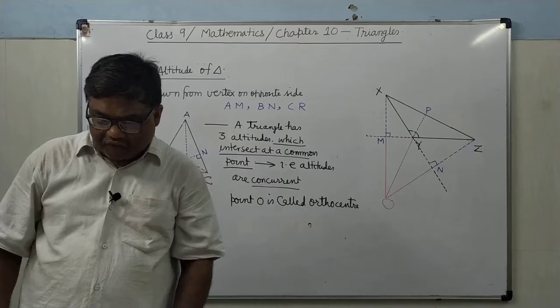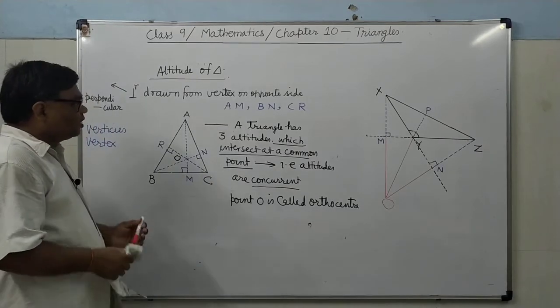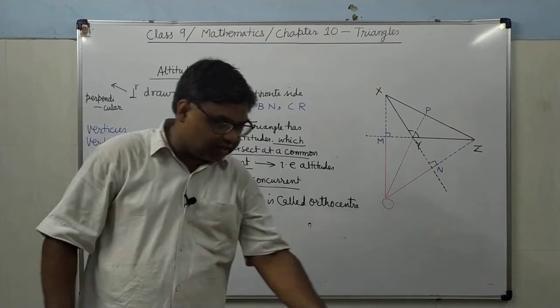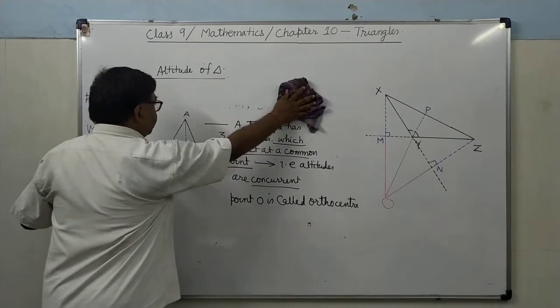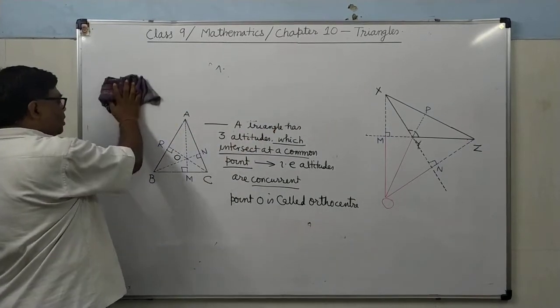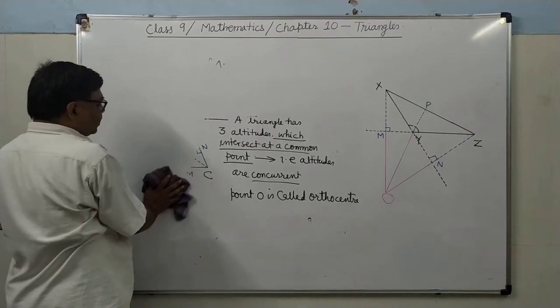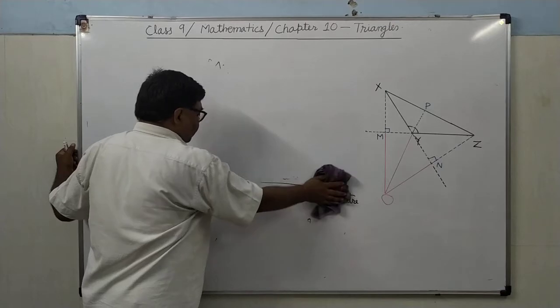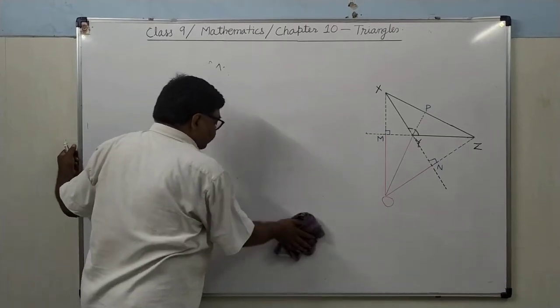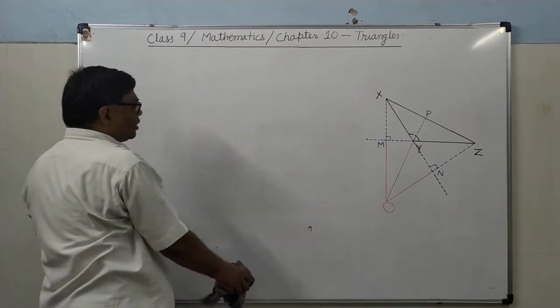Then after this, there is one term, median of the triangle. This word you will also study in the topic statistics, which is the last chapter in your book. But here I am discussing the median for the triangle.